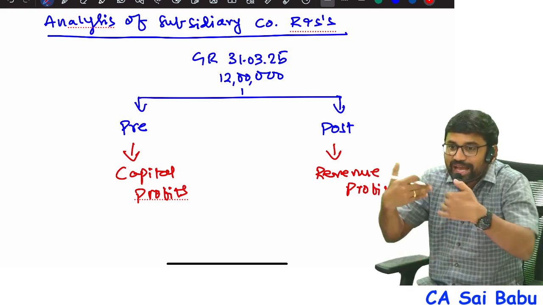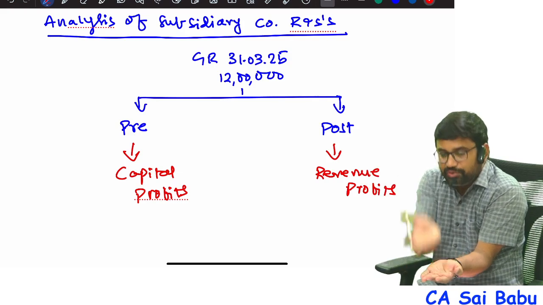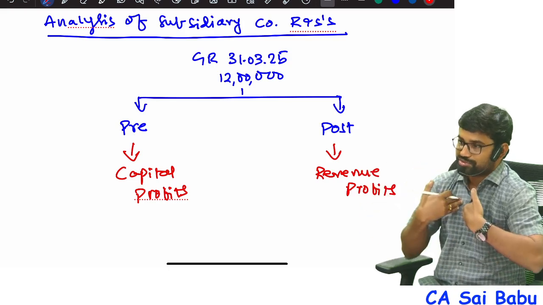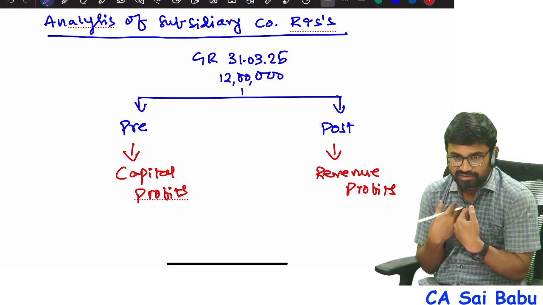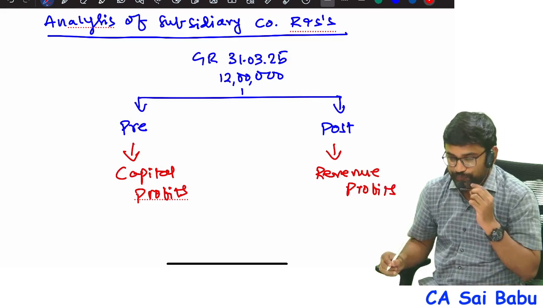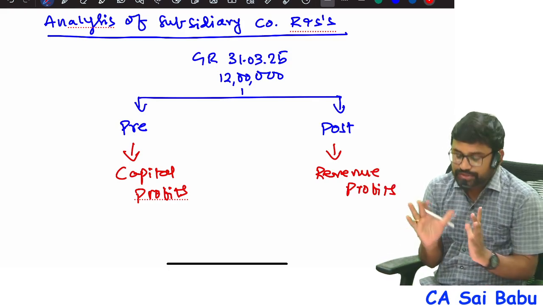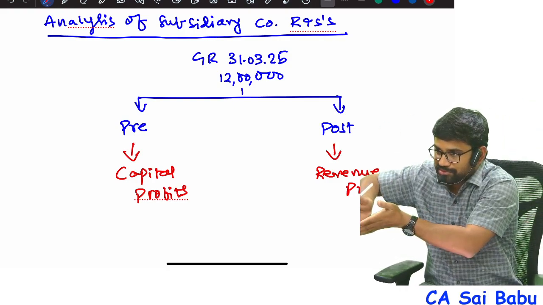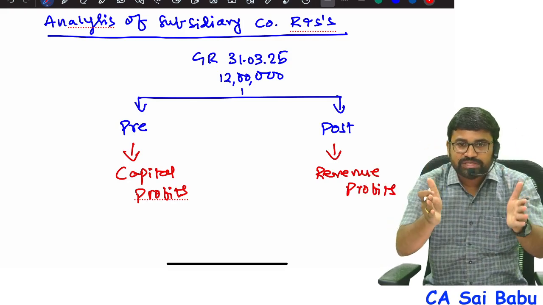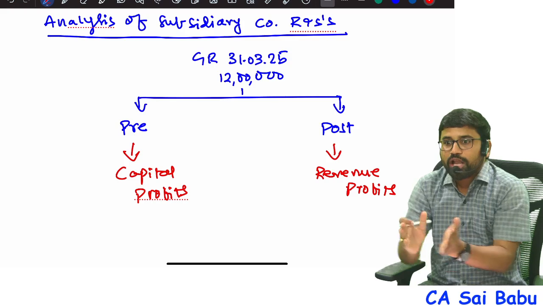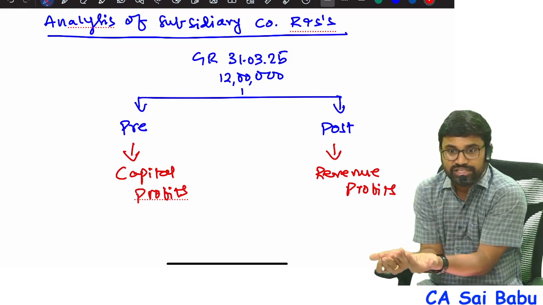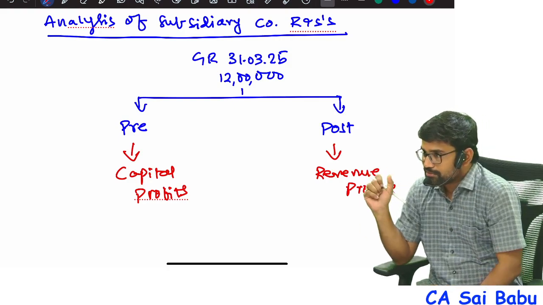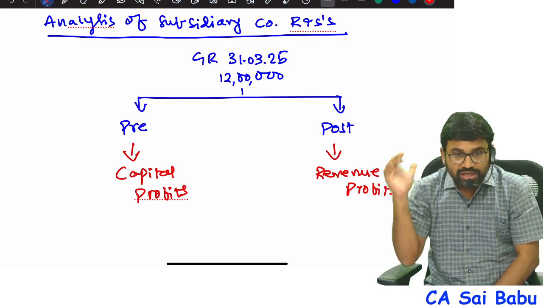And once I acquire the subsidiary, whatever reserves are earned or increased, those are post-acquisition profits. Because AS 21 says you need to divide the reserves into two categories, pre, post. All pre-acquisition profits are capital in nature. All post-acquisition profits are revenue in nature. Accordingly, we will do the accounting treatment.